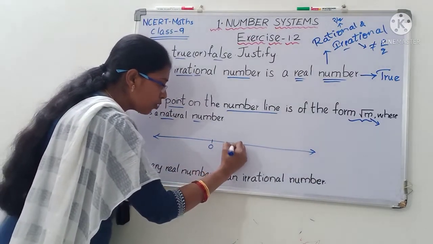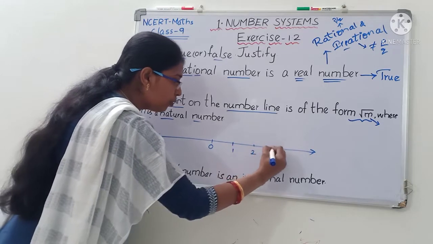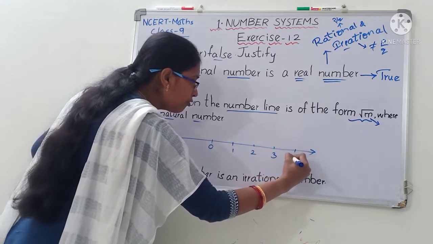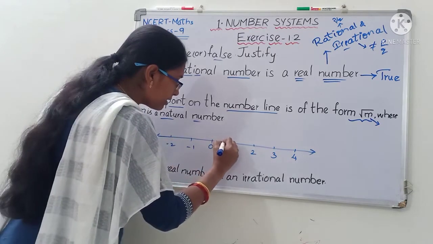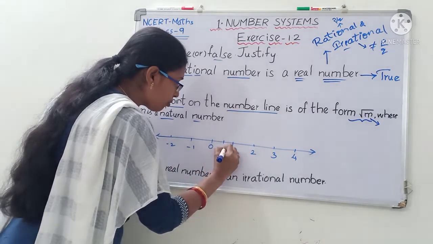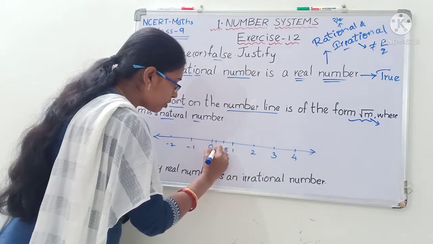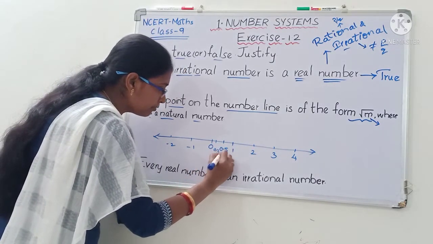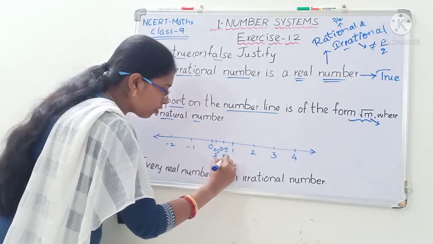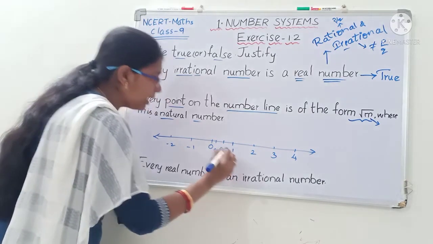0, 1, 2, 3, 4, minus 1, minus 2 and so on, and some numbers like 0.5, 0.3. 0.3 is 3 by 10. This is 5 by 10 or 1 by 2. Let's see children.